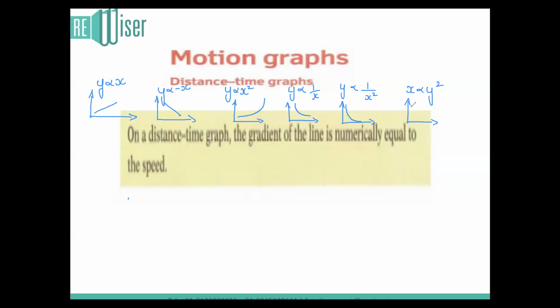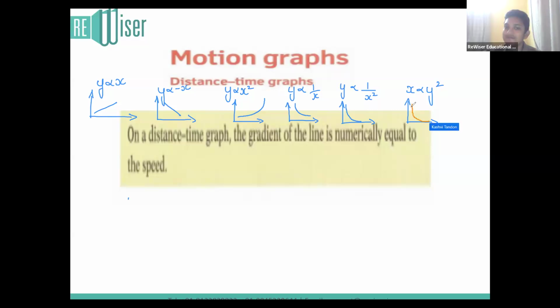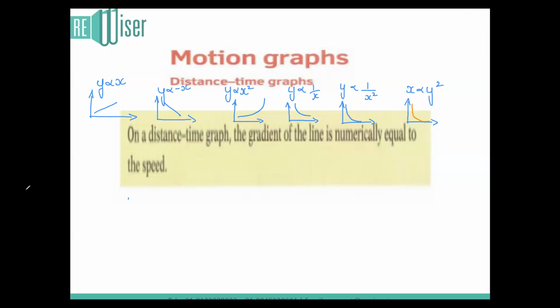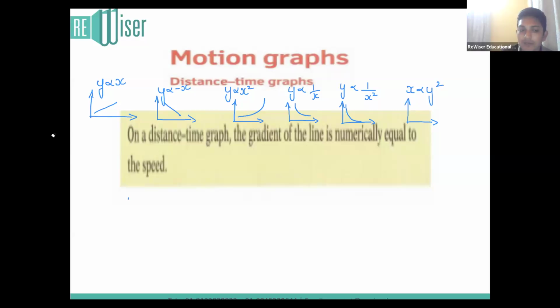Is it going to be like this only? No, that is y proportional to 1 by x. Oh, right. X proportional to y square. It can be rewritten as y proportional to root x. If you want to write it that way, you can. You can plot it on Desmos. I'll give you a minute.